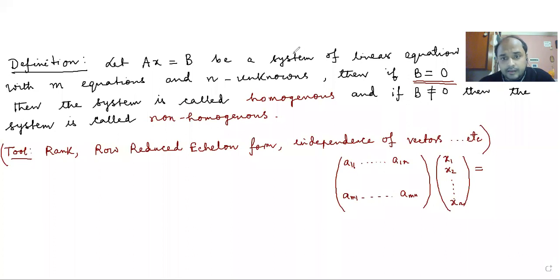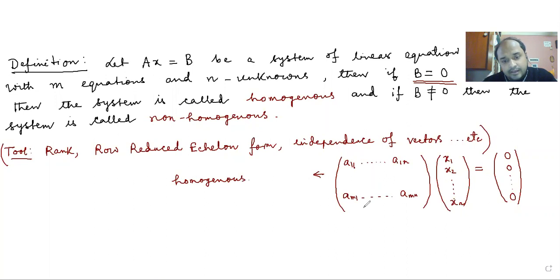And then we are going to equate the equation with the column vector 0, 0, 0. So that 0, 0, 0 is your capital B. Now, if capital B is 0, 0, 0, then that system is called a homogeneous system.